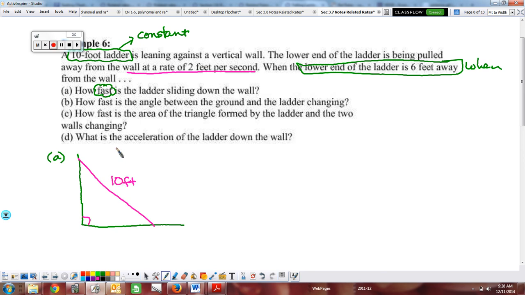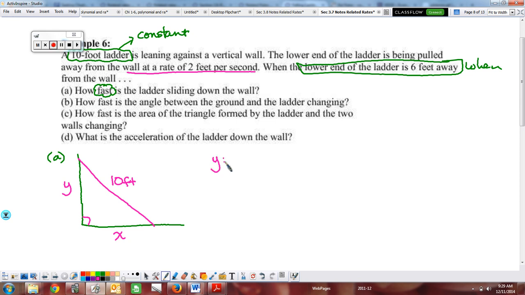The end of the ladder being pulled away, I'm going to call this distance x because that's varying. I'm going to call this distance y because that was varying too. So I draw this picture in. I've got the picture of what's going on, and I see what's varying. I want to know how fast the ladder is sliding down the wall. What quantity are we looking at? We're looking at the y I have labeled in my picture.